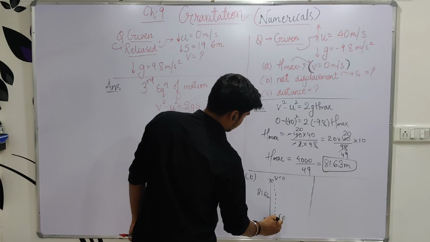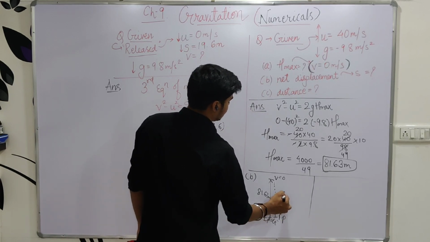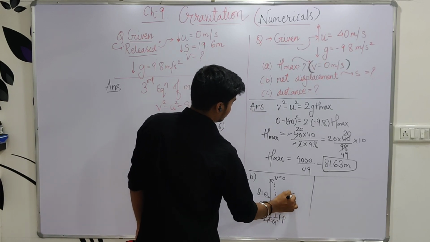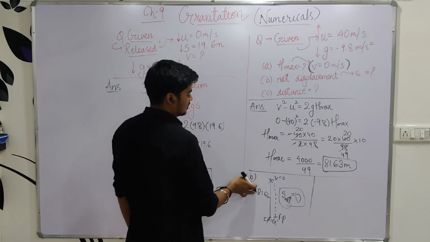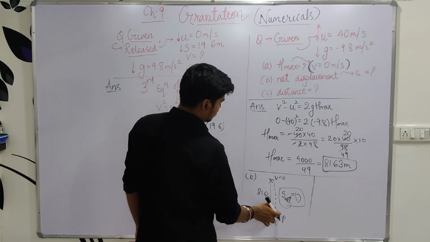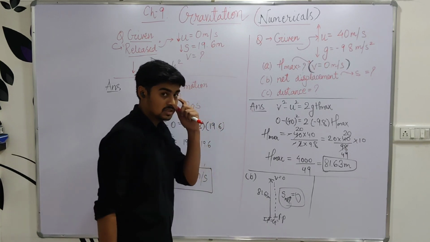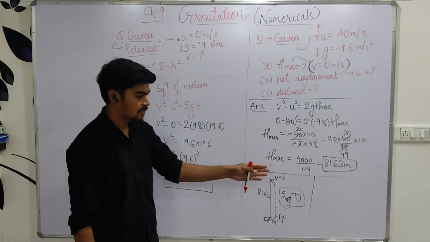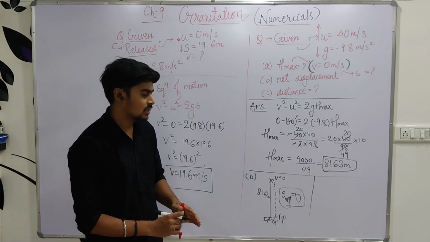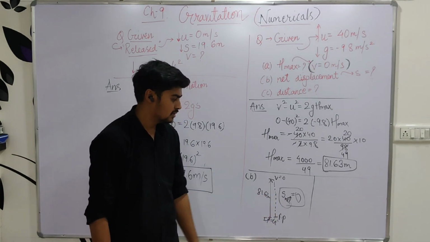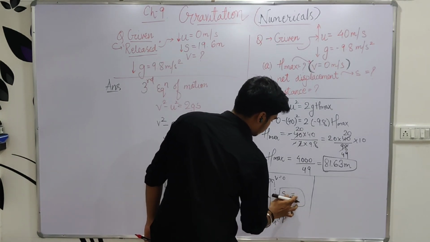So the initial and final points are same, so the net displacement will be 0. Also you can say if the displacement is positive, then the displacement will be negative in the downward journey, which will be minus 81.63, again plus 81.63, minus 81.63. On getting the net displacement will be 0.